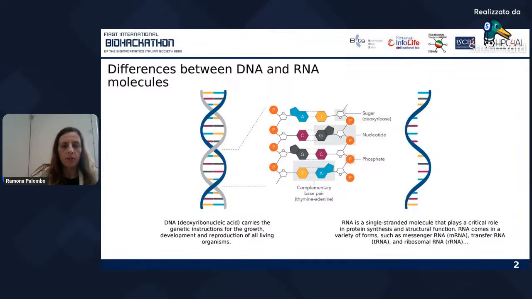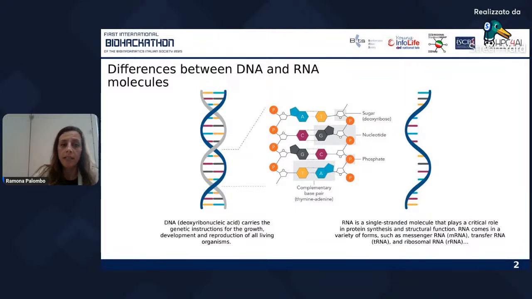So just a brief introduction about what are the differences between DNA and RNA. I know that most of you or all of you are aware of what are the differences between these two molecules, but just a quick introduction of these.